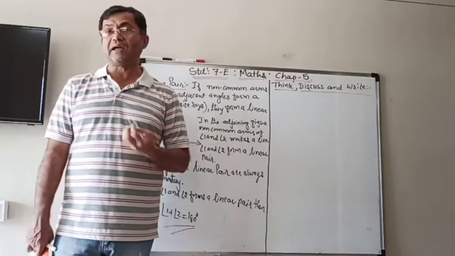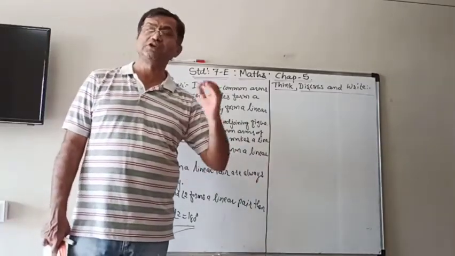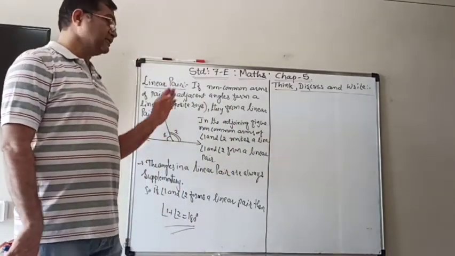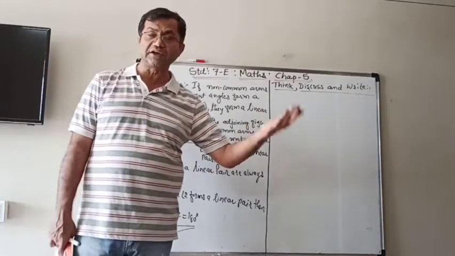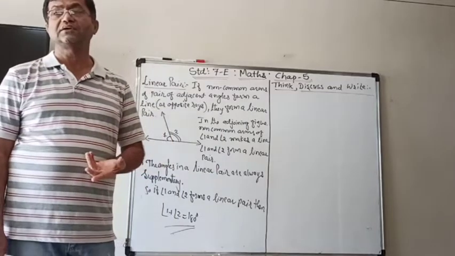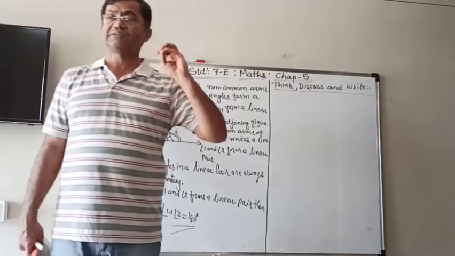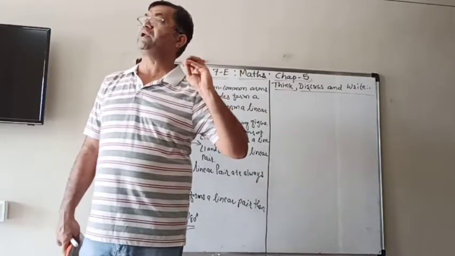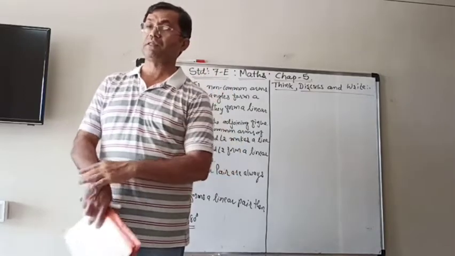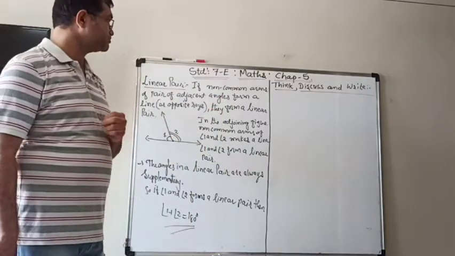So if one of the angles is given, you can subtract it from 180 to get the other angle. If one of them is 70, then 180 minus 70 will give 110. If one of them is 90, then the other will also be 90. So that is the main thing you have to remember, that the angles of a linear pair are always supplementary. Means the sum of the measures will be 180 degrees.